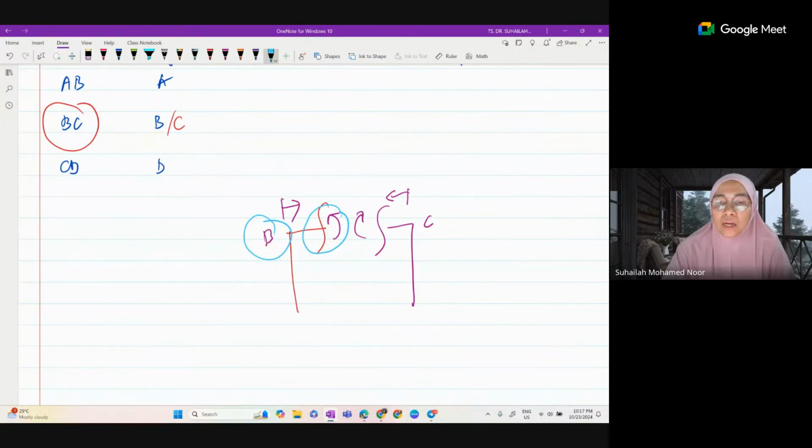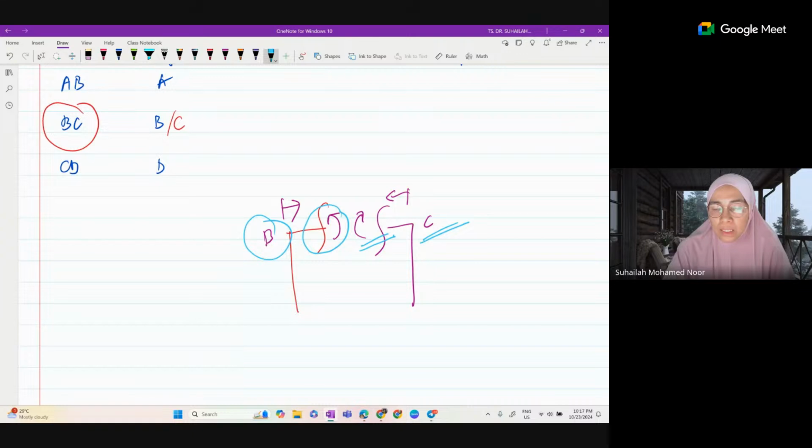B origin from left, moment counterclockwise. Okay, if C is origin, moment clockwise. C is origin, C from right, moment clockwise.